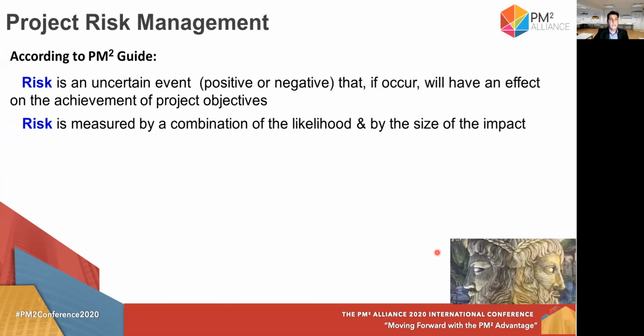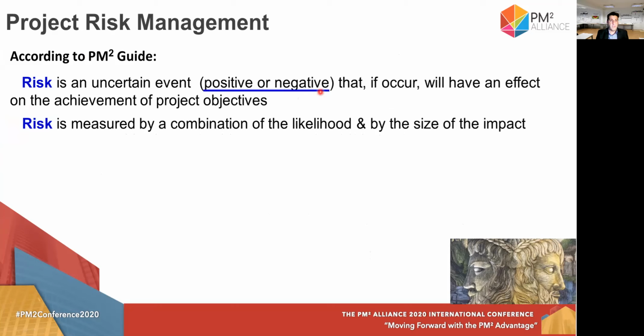So let's start. Let's start with the terminology. According to the PM2 Guide, risk is an uncertain event, positive or negative, that if it occurs, will have an effect on the achievement of project objectives. From this sentence, we can see the two faces of risks, threats and opportunities.